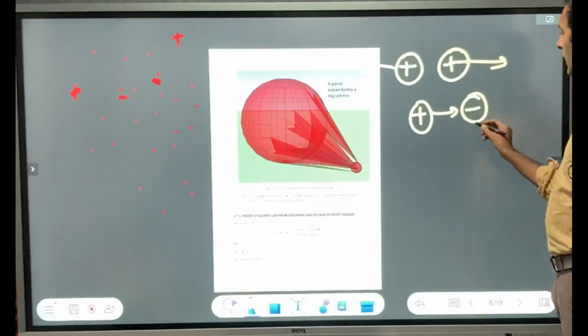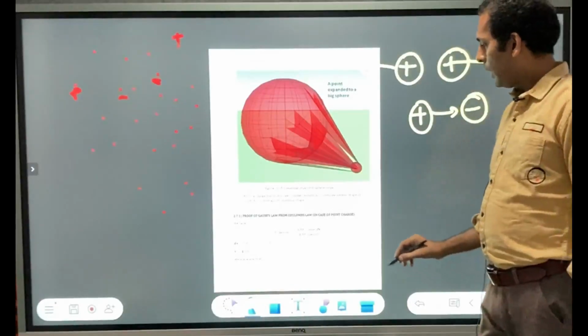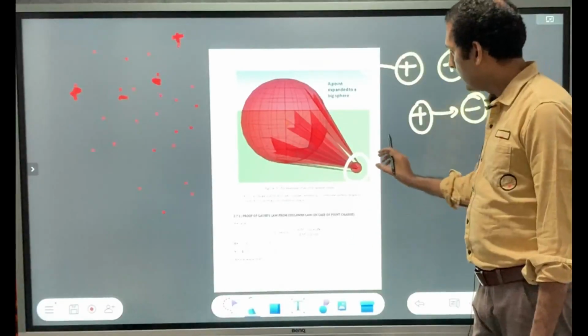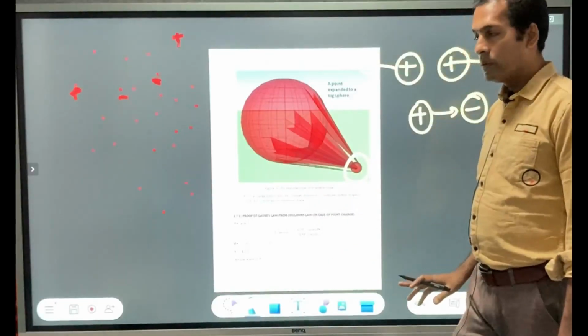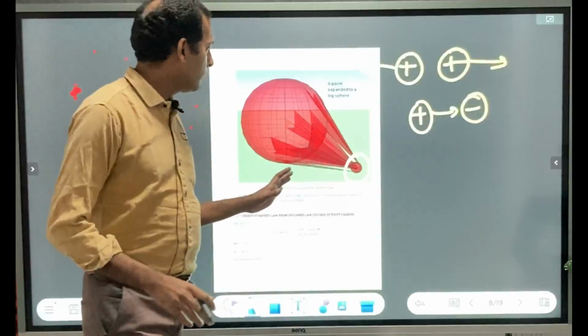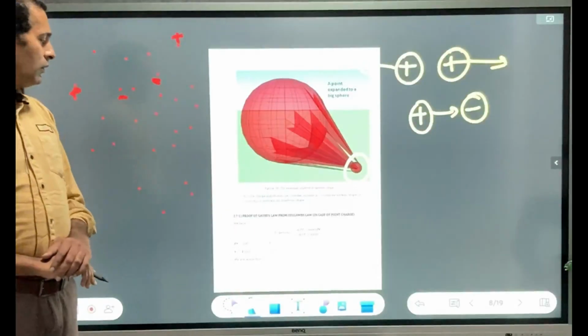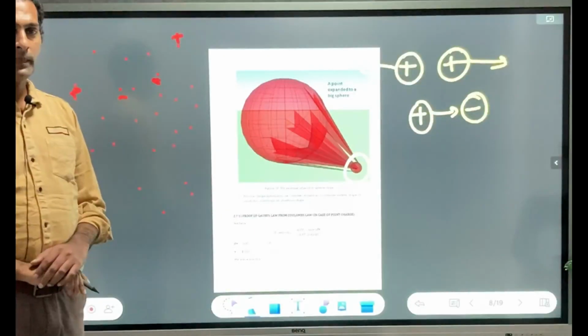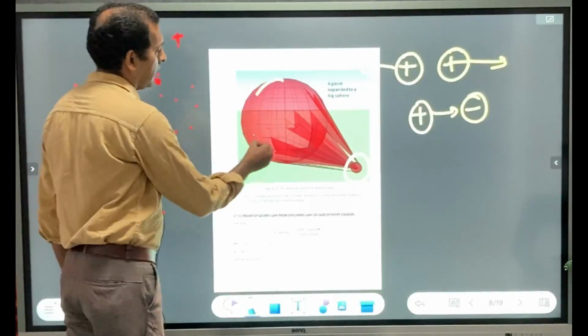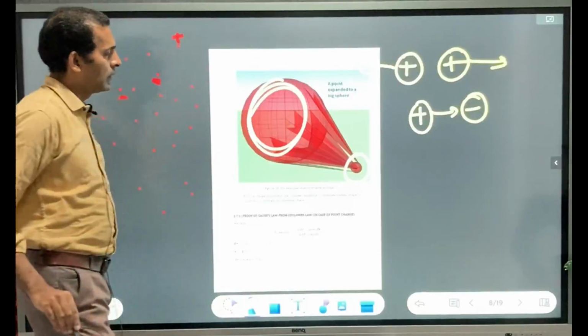Now, if we consider a small point charge, and if you zoom in and expand it in all directions, what will be the shape of that charge? The shape will be nothing but a big sphere.